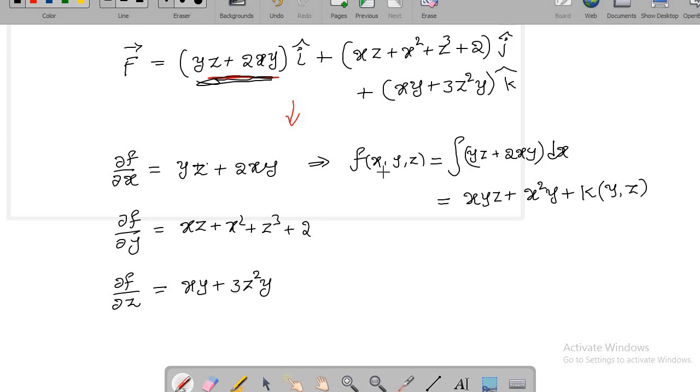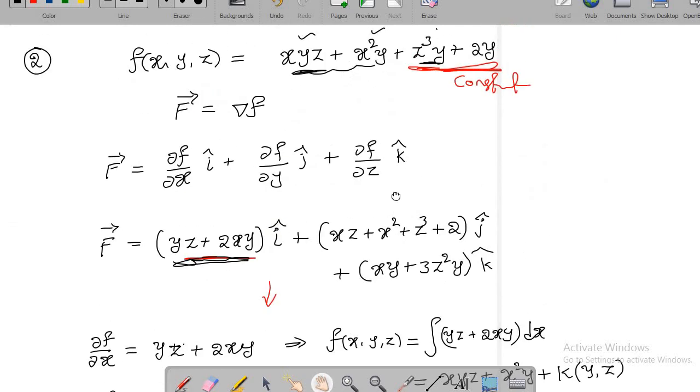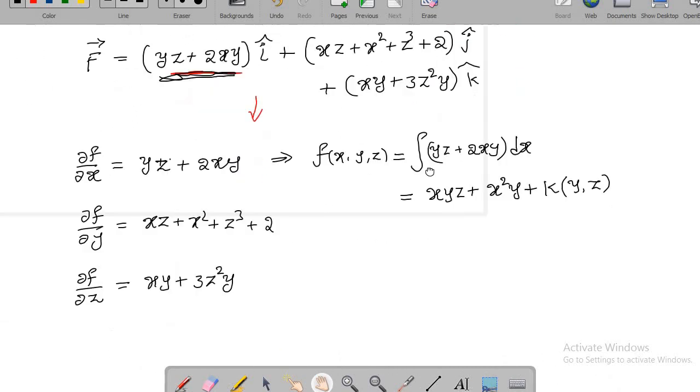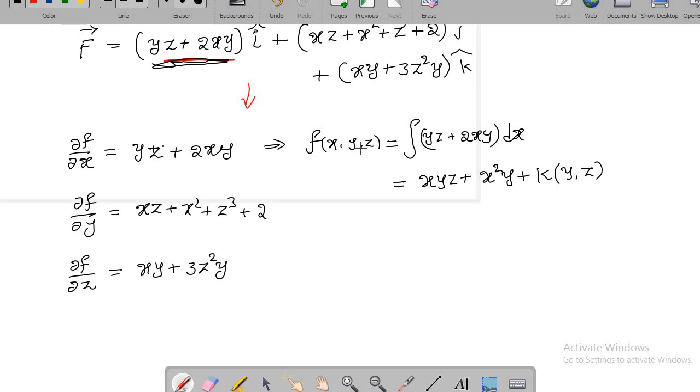Why? Because I am integrating with respect to x only, so we treat y and z as constants. So this constant can involve a function of yz. Now the first expression will give you the terms which involve x. Next, let me take the second expression and integrate it with respect to y.